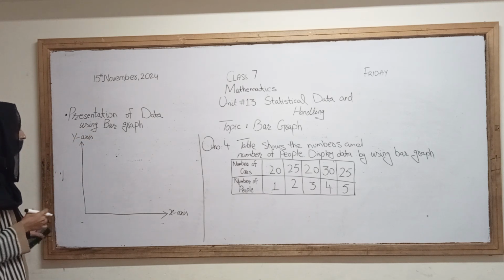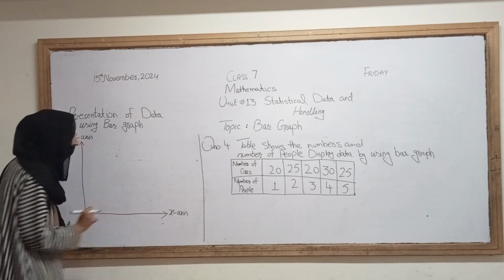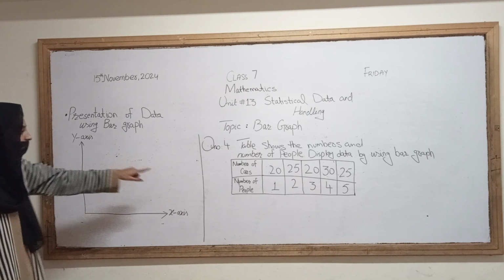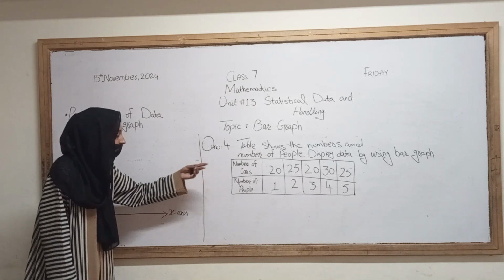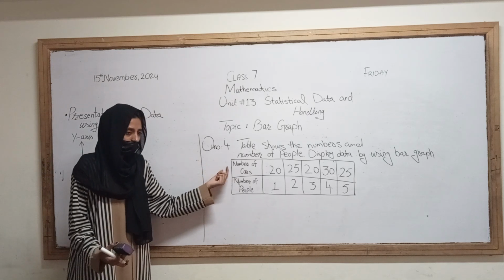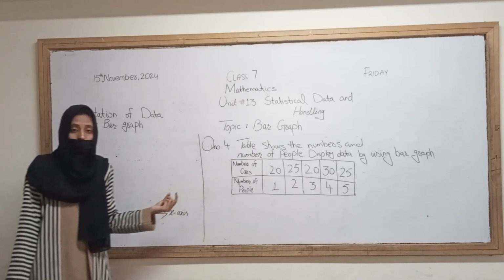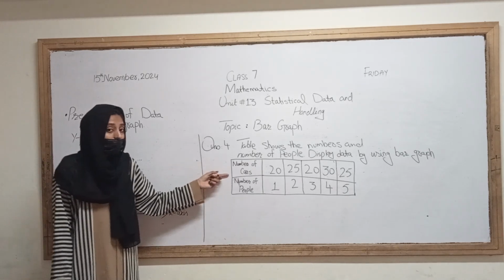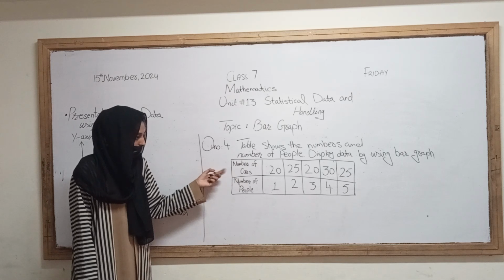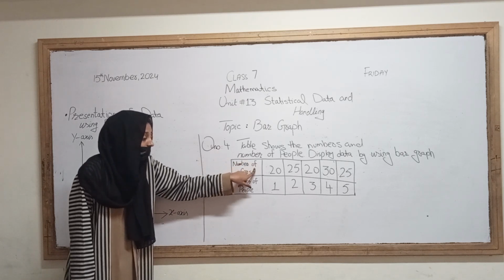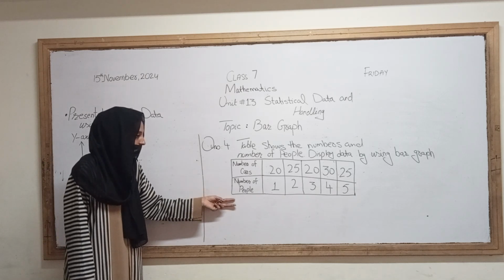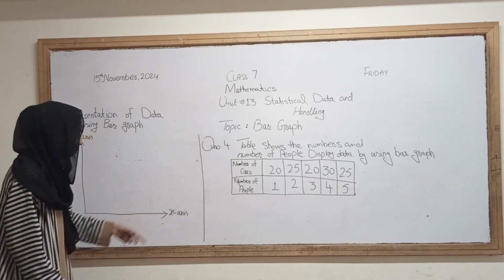So we will take the independent quantities along the x-axis and we will take the dependent quantities along the y-axis. Now tell me which are the dependent quantities and which are the independent quantities. Are the number of cars dependent or independent? What do you say, class? Yes, tell me. The number of cars are the dependent quantities and the number of people, yes, these are the independent quantities.